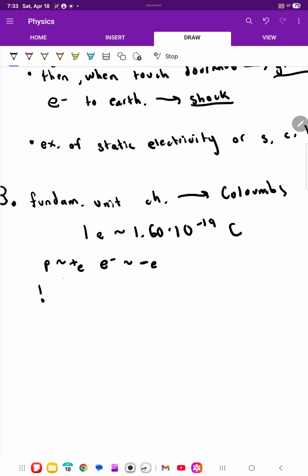Note that this does not mean the same mass. Protons are more massive than electrons, if you recall the atomic structure.